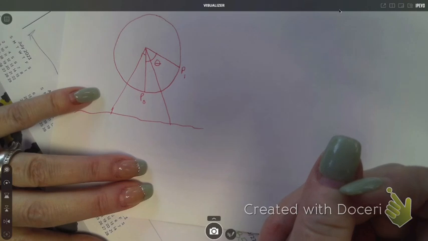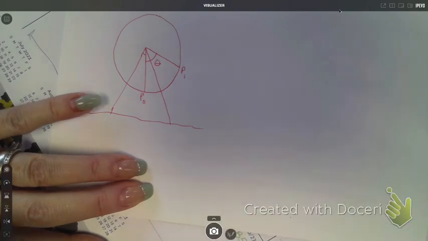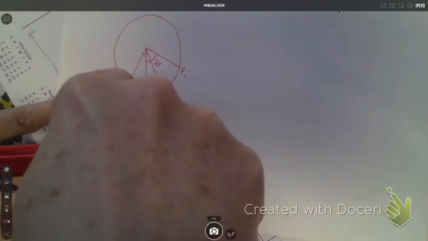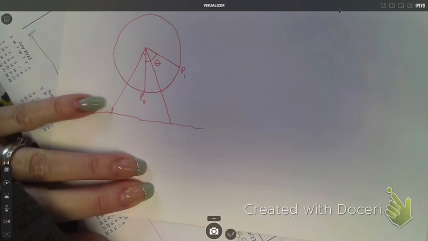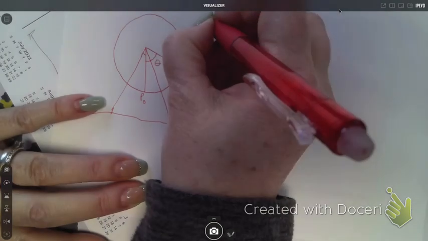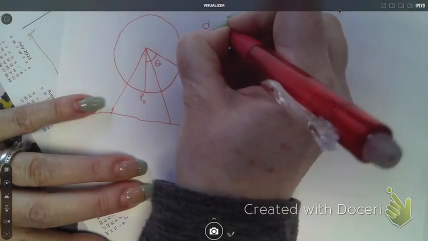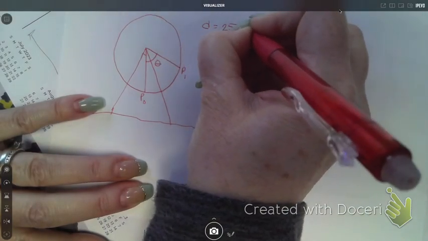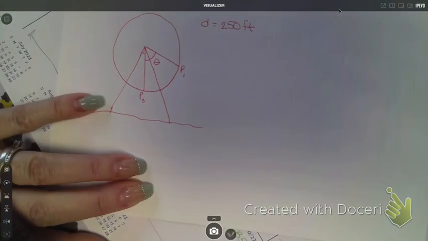If these two anchor lines bother you, you could get rid of them. Okay, it says figure 3 is a model of George Ferris's Ferris wheel. Recall that the diameter of the wheel was 250 feet. So D equals 250 feet. Write down the information.